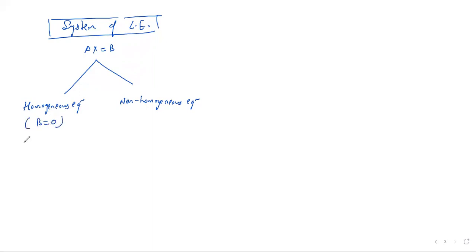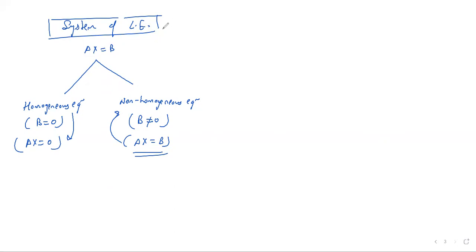In that case our system is Ax equals to 0 in the homogeneous case. And the non-homogeneous system is the case when we have b which is not equal to 0. That means we have the system Ax equals to b. So these are the two types of system of linear equations: homogeneous and non-homogeneous.